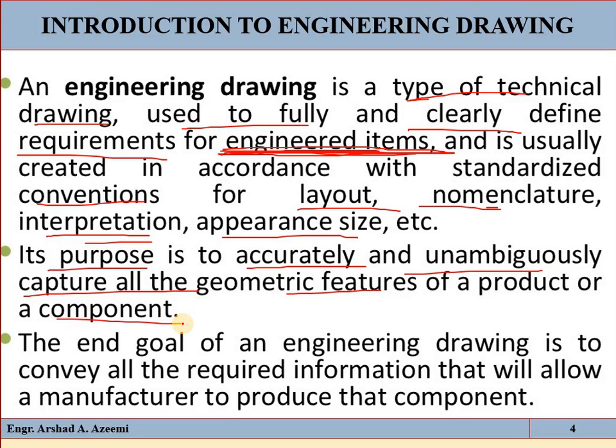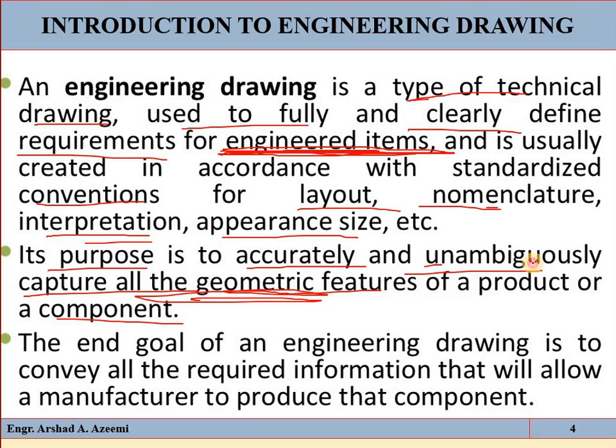Anything which you want to discover, invent, innovate, or manufacture based on scientific knowledge, first you will have to accurately, fully and clearly draw its geometrical shape. And the drawing of the geometrical shape of that engineered item is called the engineering drawing.